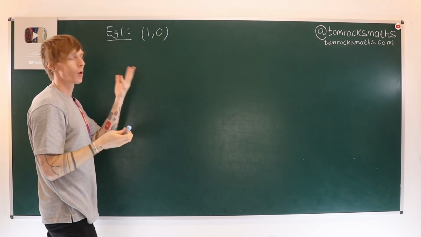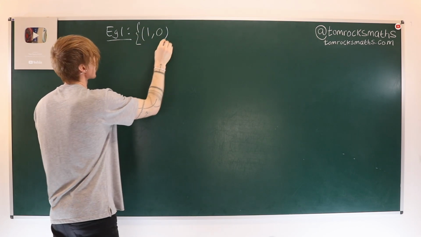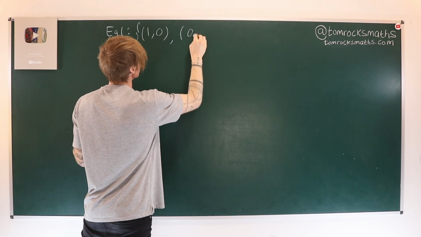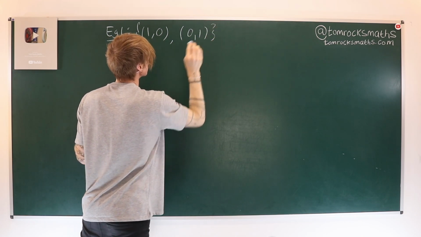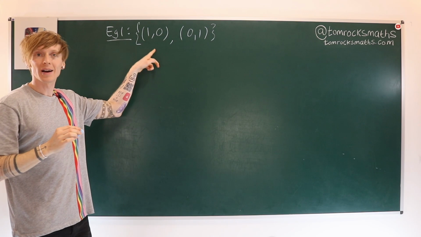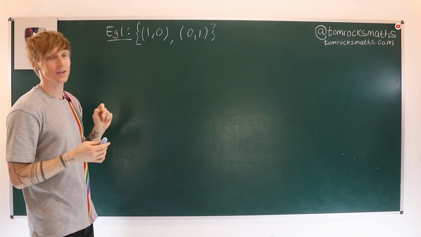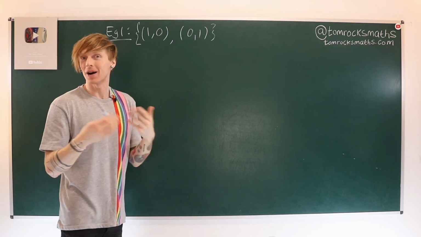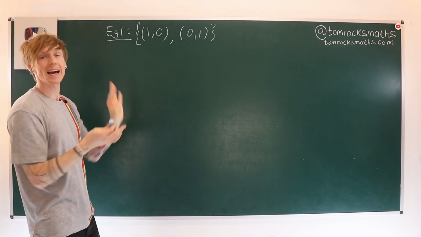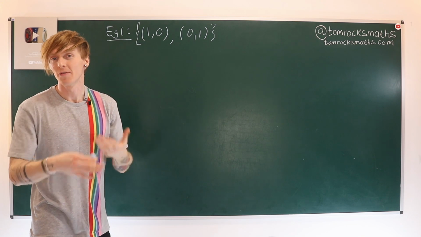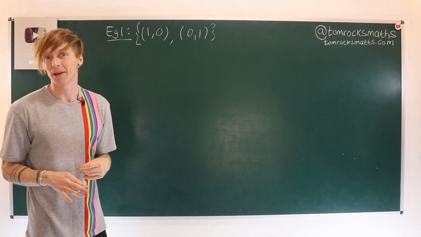If we have (1, 0) in our set and our second basis vector is (0, 1), then this is our x coordinate vector, a unit vector in the x direction, and this is a unit vector in the y direction. This is the standard or canonical basis for R2, the Cartesian plane.